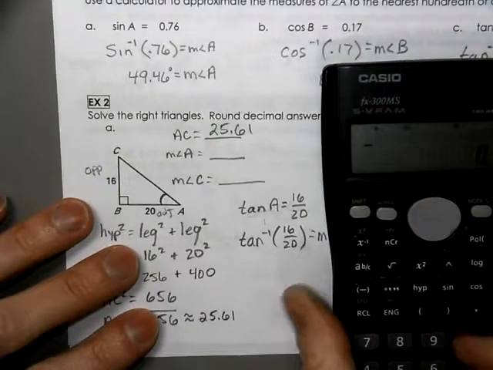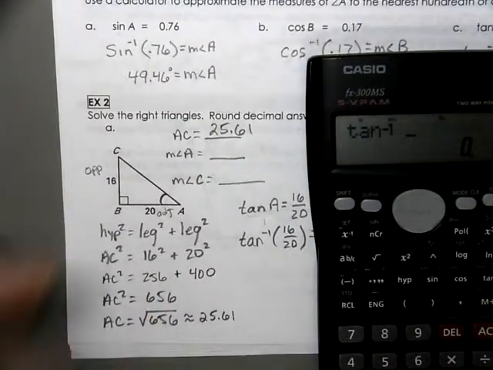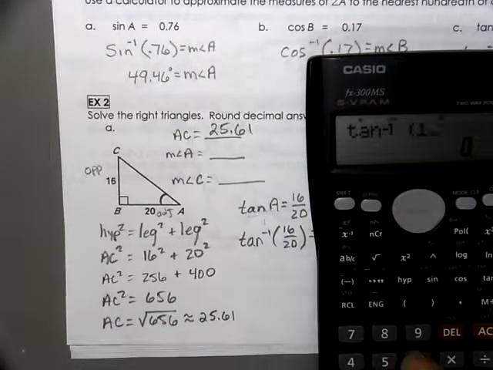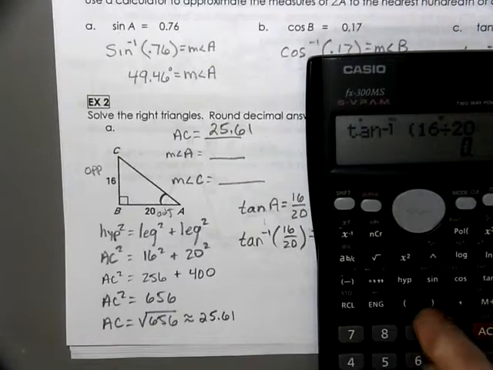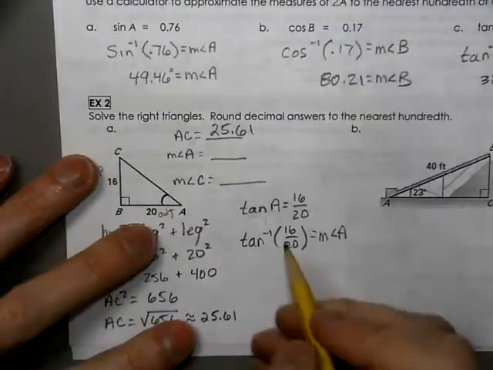So bringing our calculator over, tangent inverse, you got to use parentheses with a fraction for sure. 16 divided by 20 gives us 38.66.